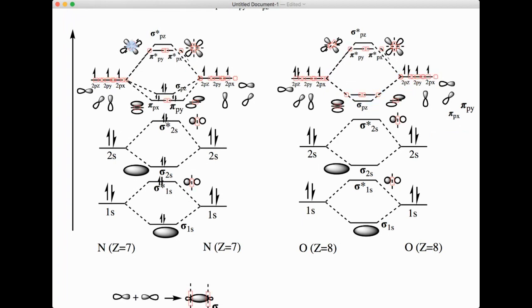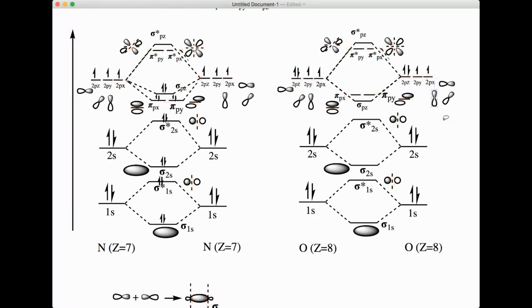Okay, so we have the sigma and the pi: pi px, pi py, and sigma pz. Okay?